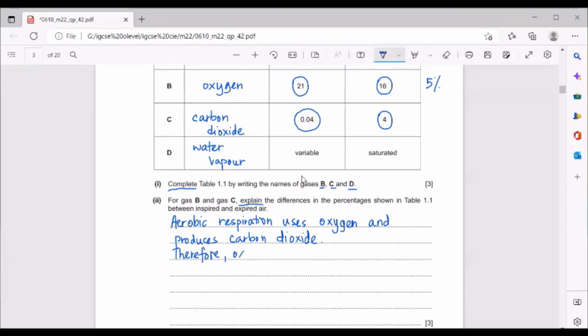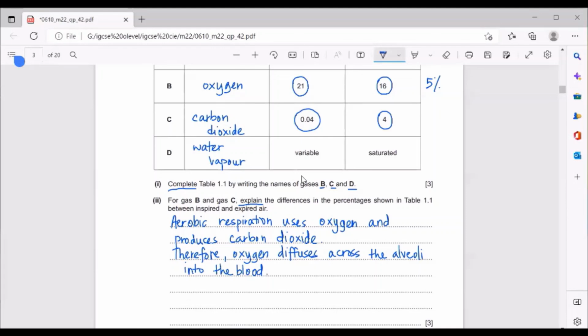Therefore, oxygen diffuses across the alveoli from the inspired air into the blood. And this oxygen will then be carried by the blood to the body tissues.